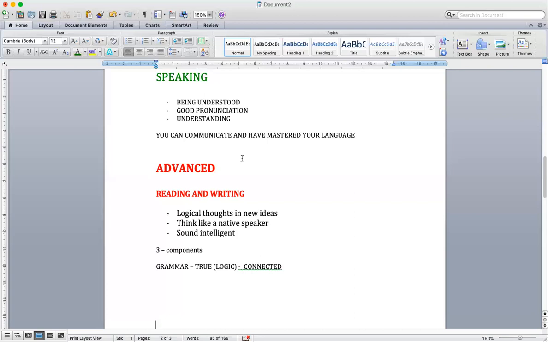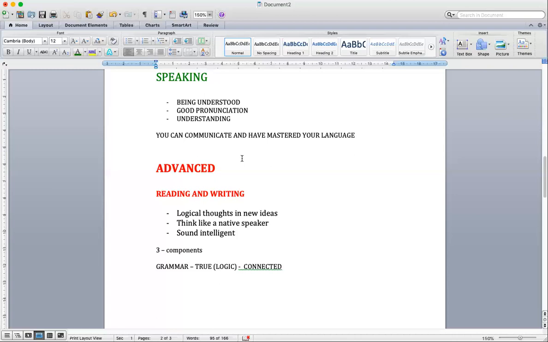So when people say speaking skill is good, you can just check it out. Do you have these components with you? Reading and writing skills. Speaking, everyone can do it, but keep a note. If you want to have a very good hold on your speaking skills, you need to have a very strong hold in reading and writing so that you can convey your message very clearly with full grammar and with a logical reason and get connected with the listener.